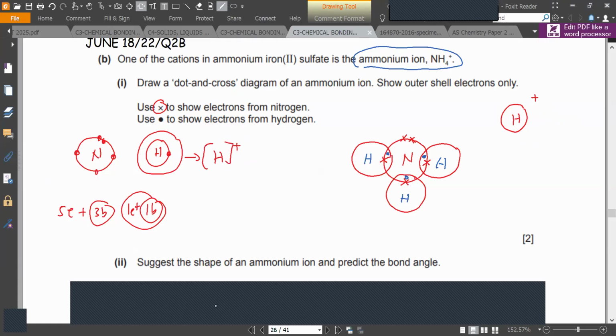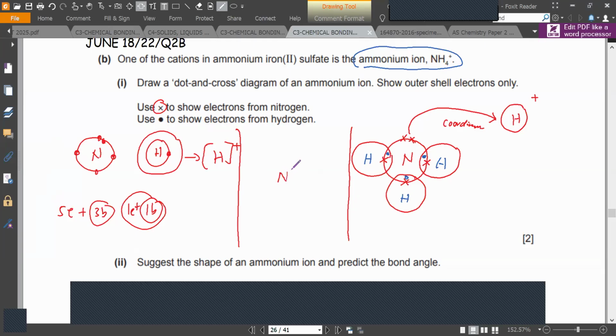So this hydrogen actually has no electron. So this nitrogen will form the dative bonding, the coordinate bonding, on the hydrogen. So finally, the final structure will be like this.